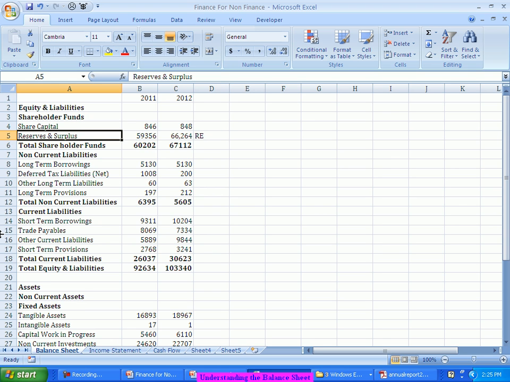After the company, every year, the company makes some profit. Some portion of the profit is retained back in the business. Right? Let's say it has made a 10 crore profit, and let's say 8 crores is again invested back into the business. 2 crores is being distributed among all these 10 crore shares.